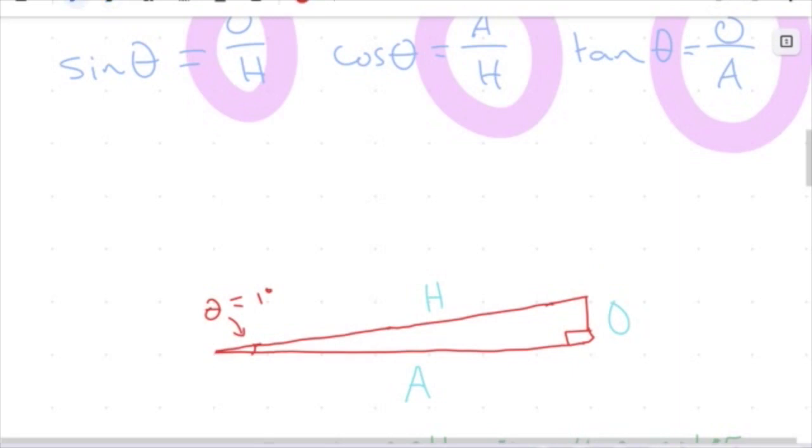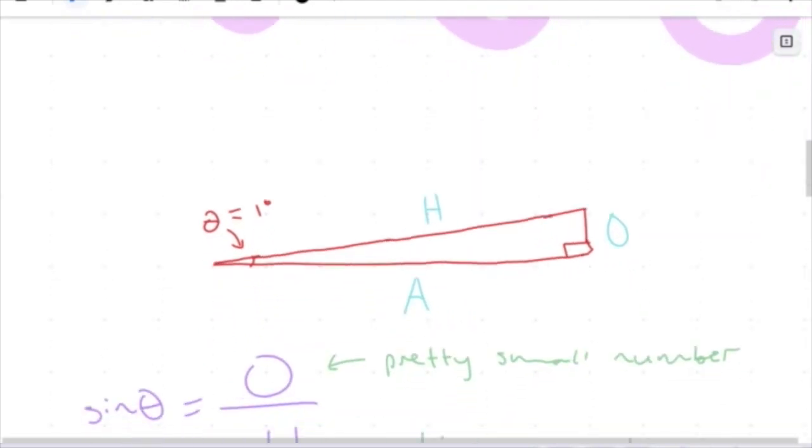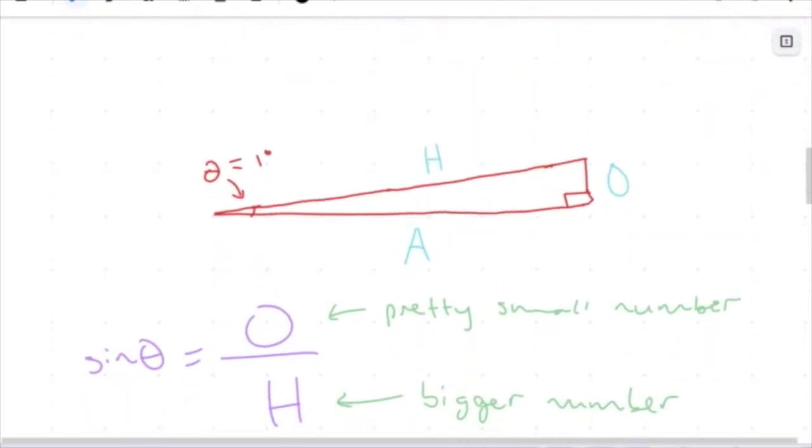So I've made a couple of notes here, and these are some observations that we are going to make. Say we looked at sine, the ratio of the opposite side over the hypotenuse. Now, the opposite side here is pretty small. So when we set up a fraction or a ratio for sine, I'm going to have a pretty small number as the numerator and a bigger number as the denominator.